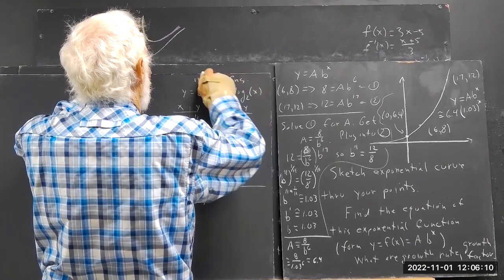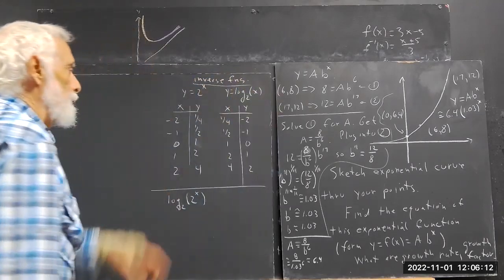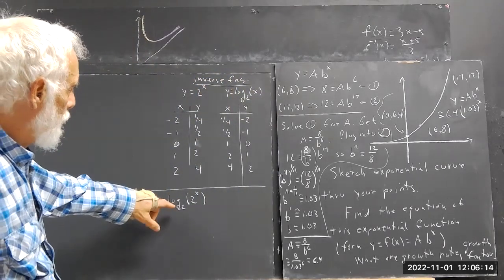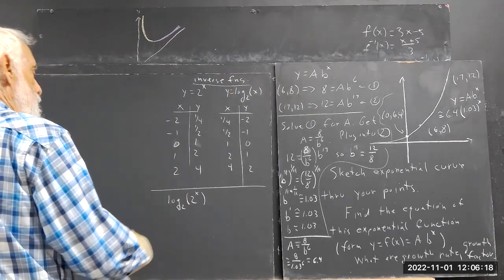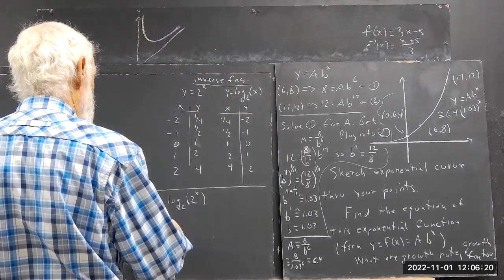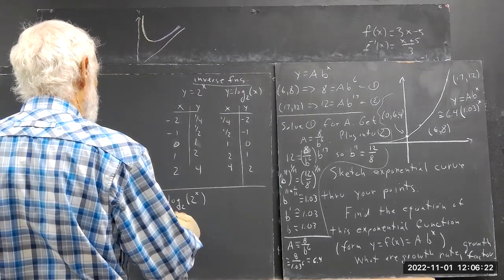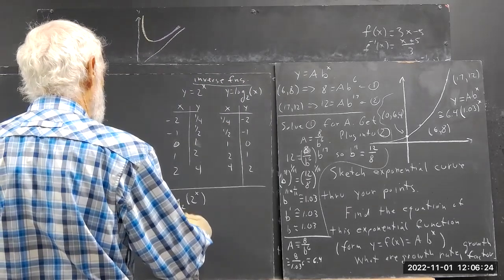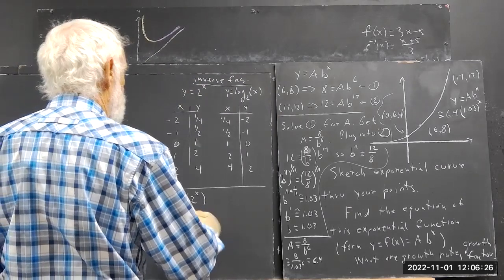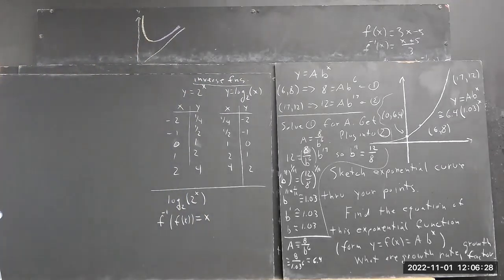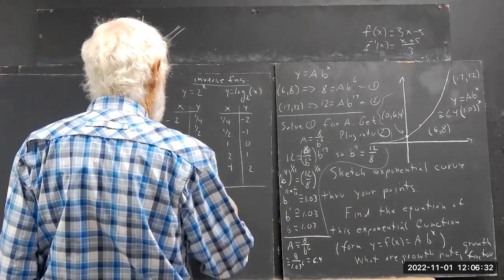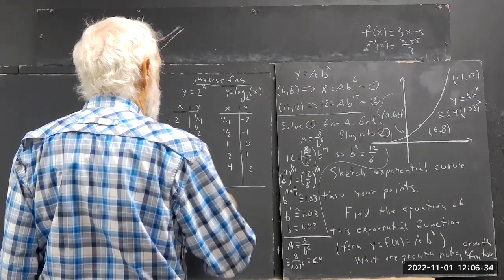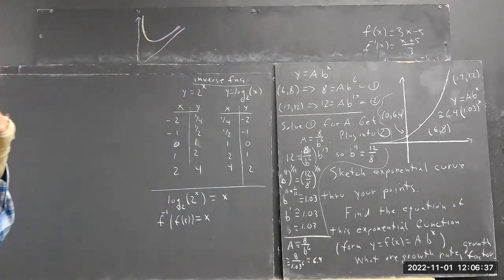So the log base 2 of 2 to the x is like f inverse of f of x, which always has to equal x. So the log base 2 of 2 to the x should equal x.